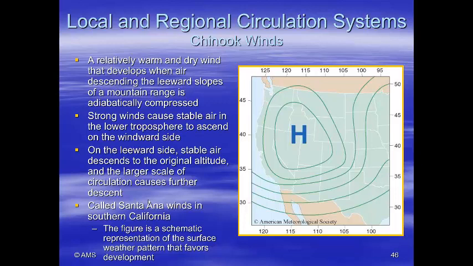And in this figure, we see a schematic representation of the weather patterns that favors development. And what we have is a high forming here and a strong pressure gradient that brings these Chinook winds.